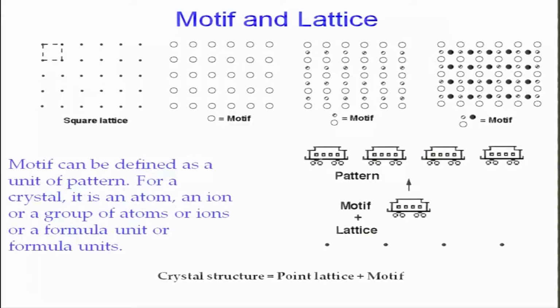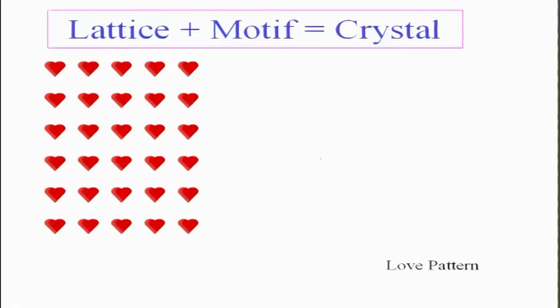The only condition is that all these atoms or groups of atoms or objects should be arranged in such a manner that they make a periodic lattice, so that there is a distinctness about the neighborhood of each of the lattice points that you see. So, for example, this is a lattice which Professor Rajesh Prasad from IIT Delhi gave me. So, you can have this periodic arrangement of hearts.